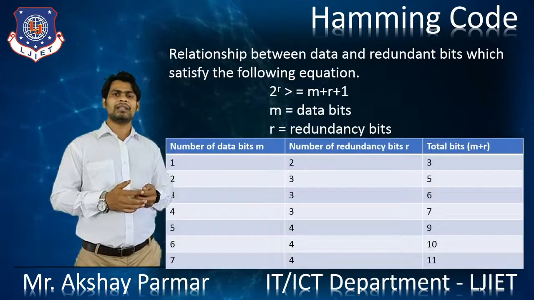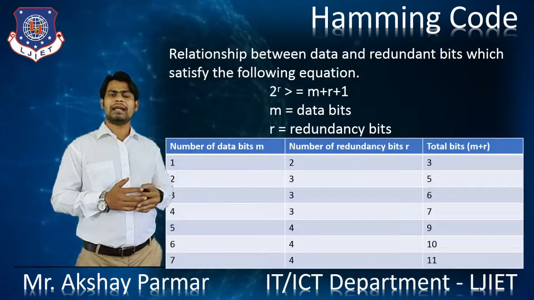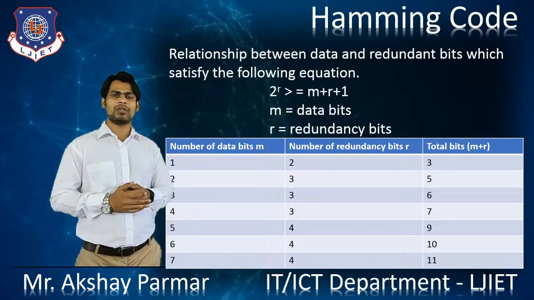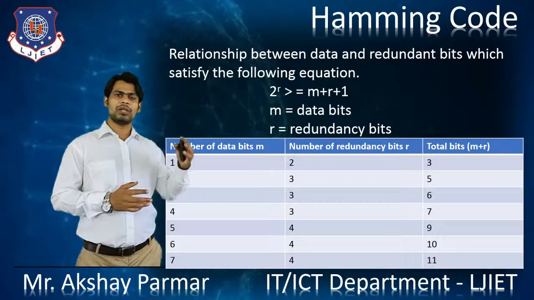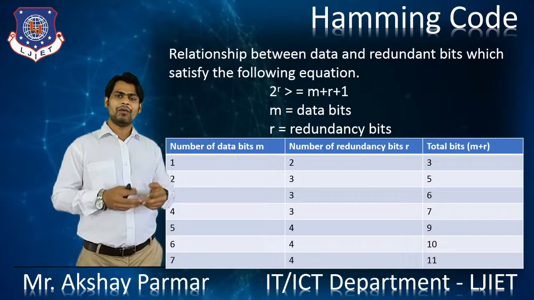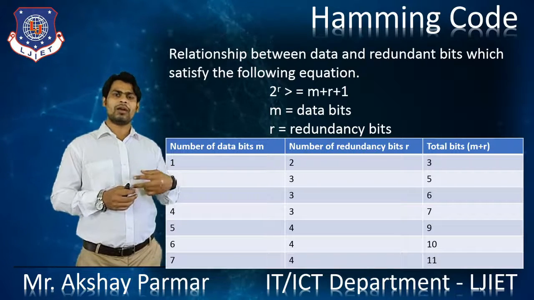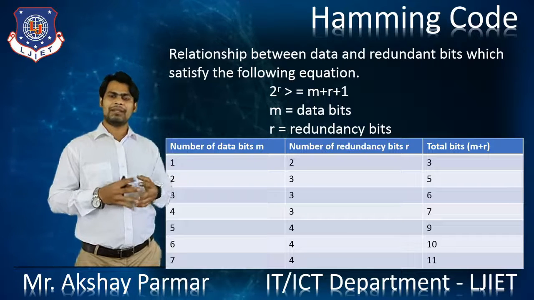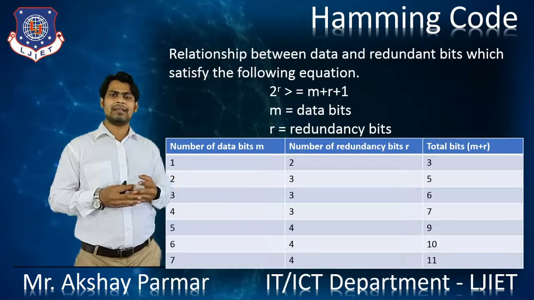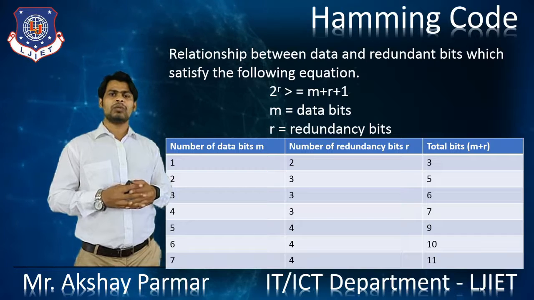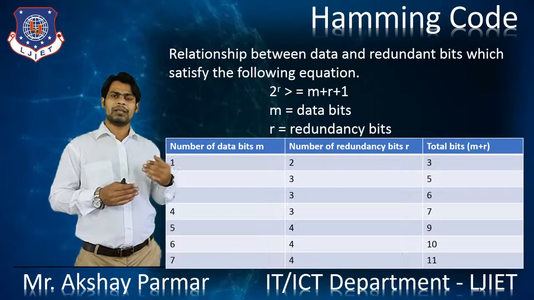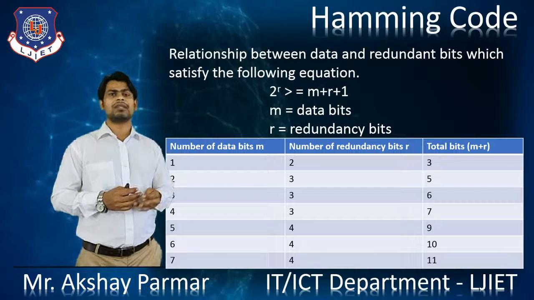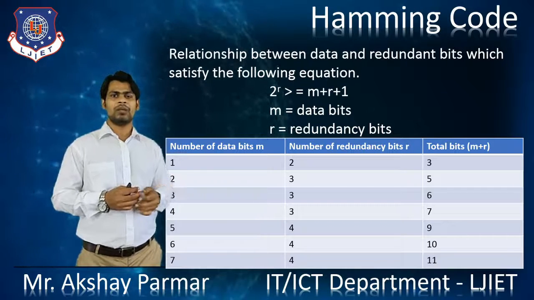Let's see the relationship between the data and the redundant bits, which satisfies the following equation. The equation is 2^r >= m + r + 1, where m is the number of data bits and r is the number of redundancy bits. So 2 raised to r has to be greater than or equal to the data bits plus redundant bits plus 1.